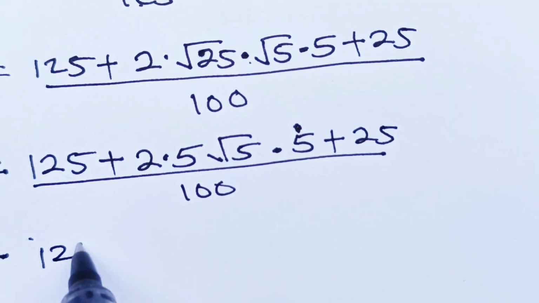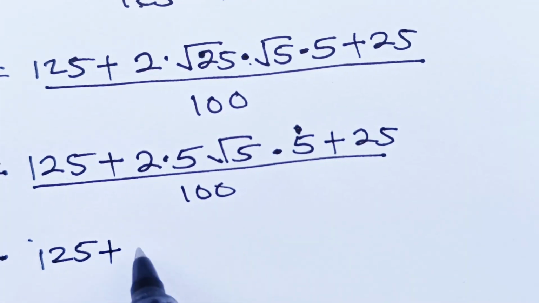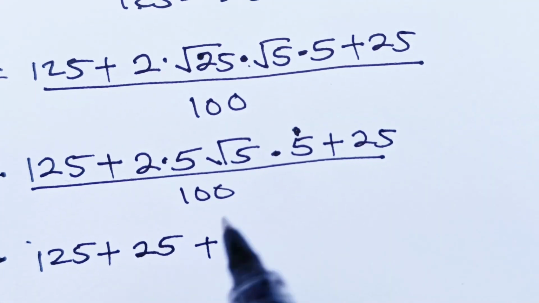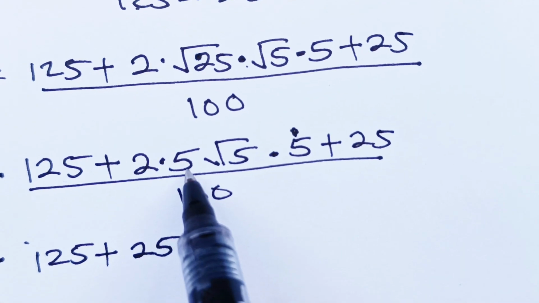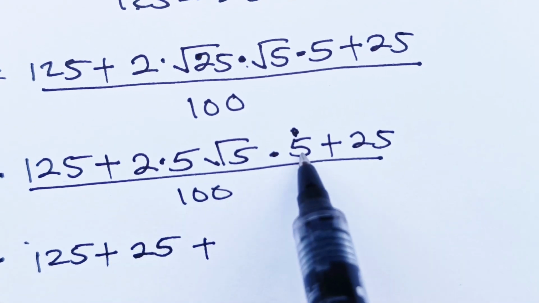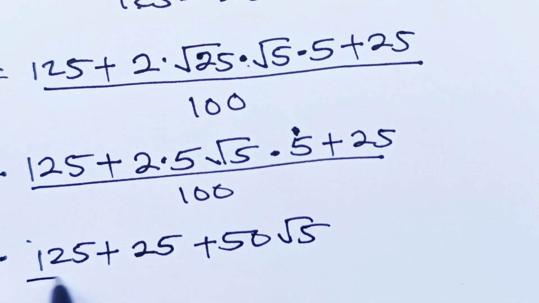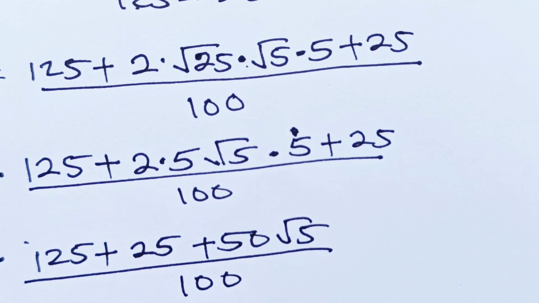Let's collect like terms, 125 plus 25. Plus, now we have 2 times 5, which is 10, and 10 times 5 will give us 50. So what we have here is 50 root 5 divided by 100.